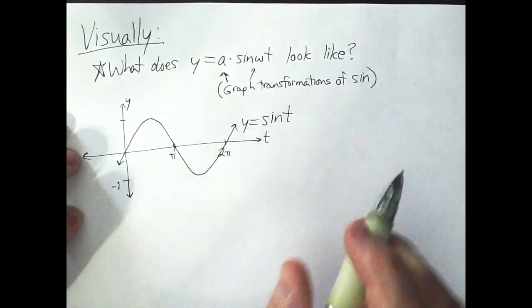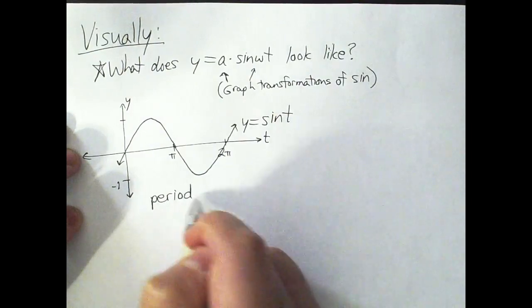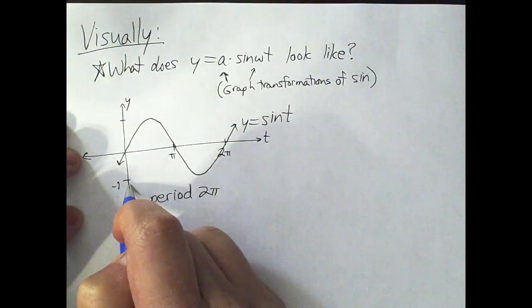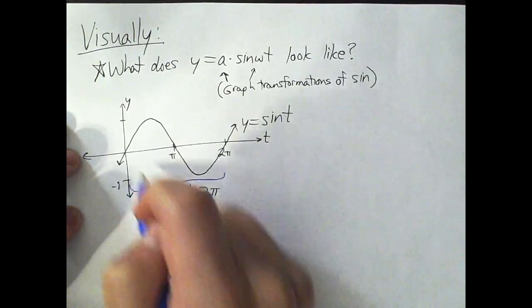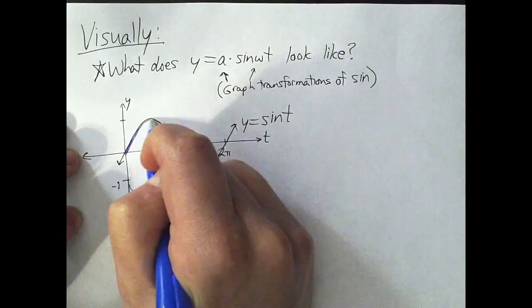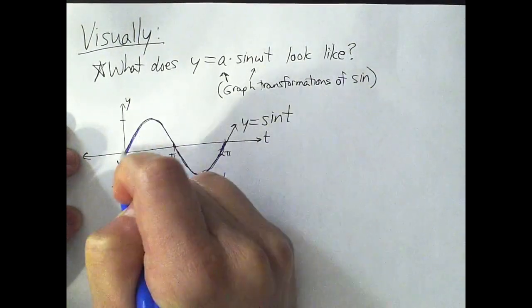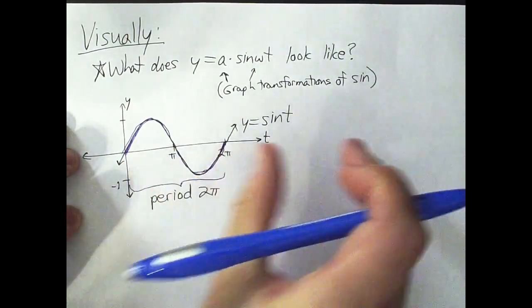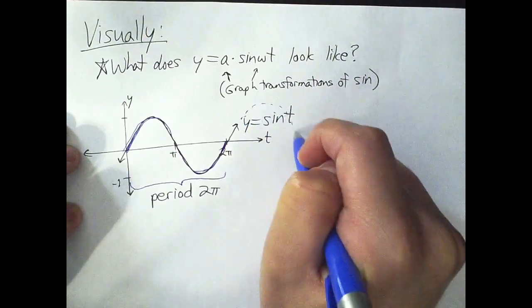Notice that it has a period of 2 pi, because that is how long it takes before the function would repeat itself. This is one period: goes up, comes down, goes back up. Then you would take this picture and copy and paste it to the right. Get another one.